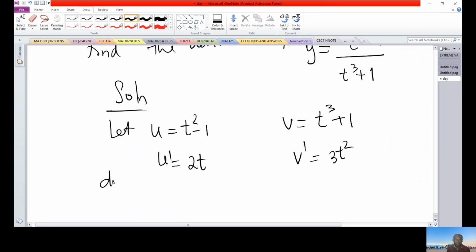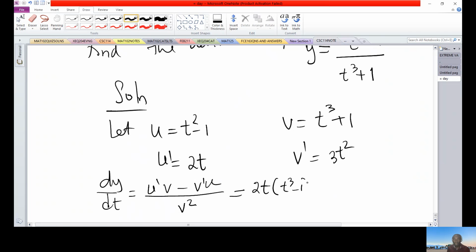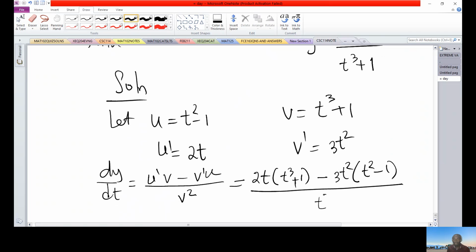Now dy/dt will be (u'v - v'u) over v squared, which will be u' is 2t, v is t cubed + 1, minus v' is 3t squared into u is t squared - 1, over v squared, which will be (t cubed + 1) raised to power 2.